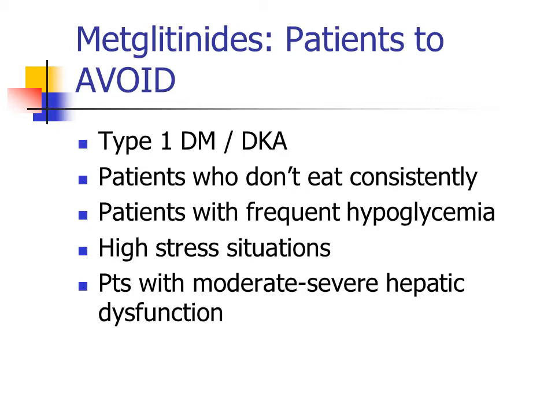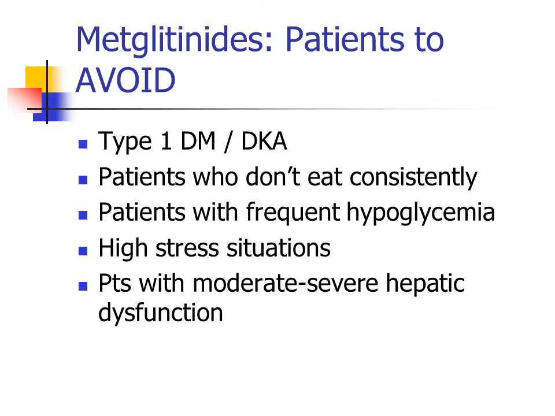You can see that the patients who should not get a meglitinide are very similar to those who shouldn't get a sulfonylurea. Since we're assuming basal pancreatic function for these agents to work, they wouldn't be good agents in patients with type 1 diabetes.